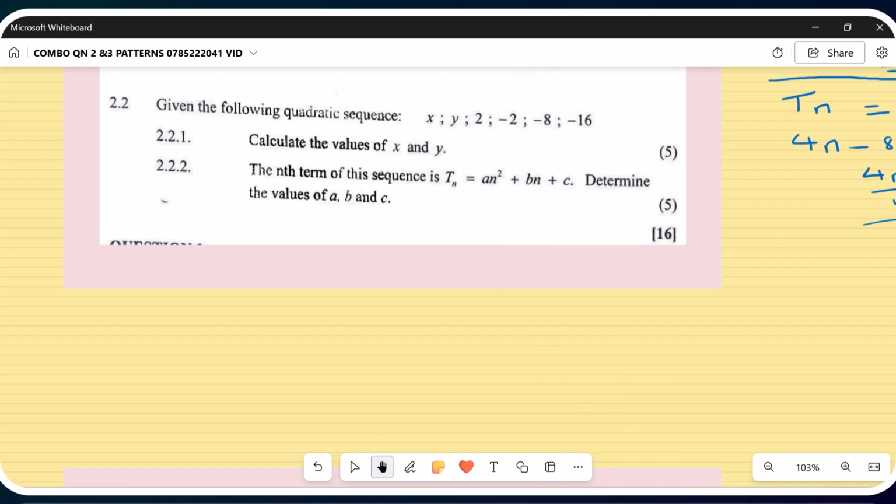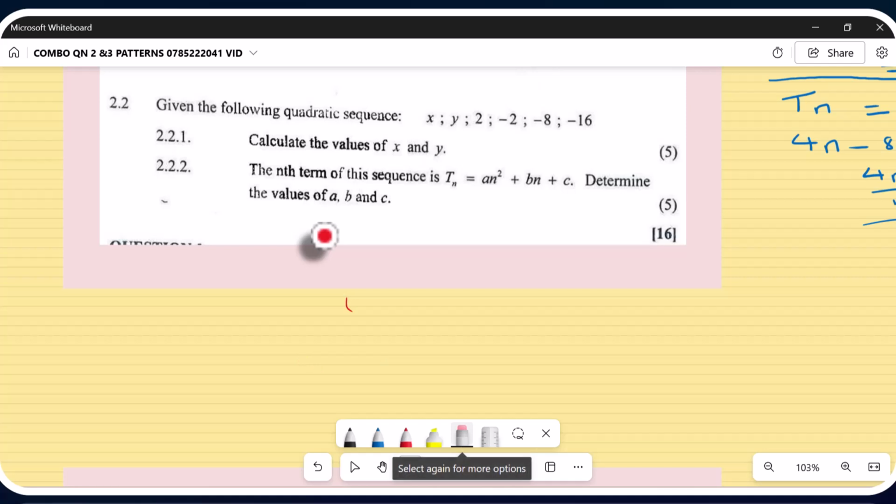After getting y as 4, we can come to get our x here. We know that y is 4, so it's now 4 minus x. Don't forget, we know that the second difference is negative 2.